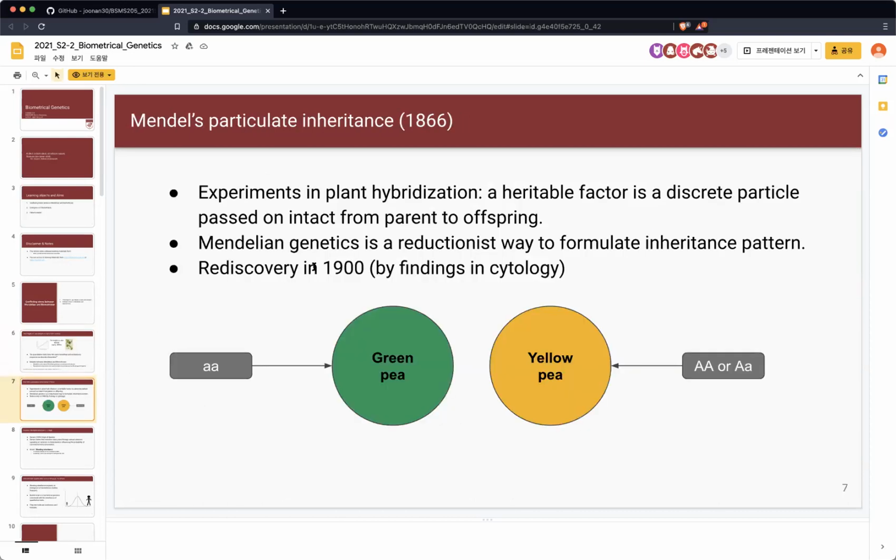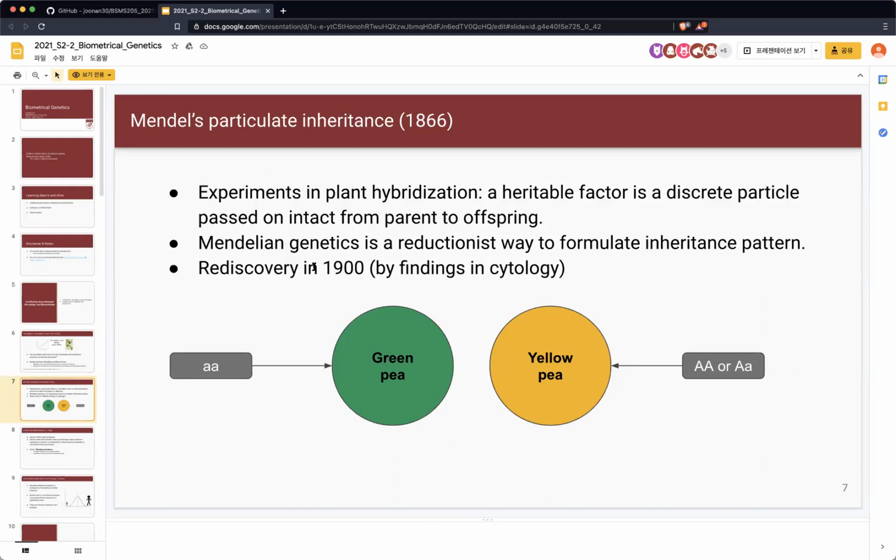Okay, so let's quickly recap what Mendel proposed at the time in his particular inheritance model. Mendel did experiments with peas, and he used the hybridization experiment, and he proved that the heritable factors are discrete particle factors passed on intact from parents to offspring, right?